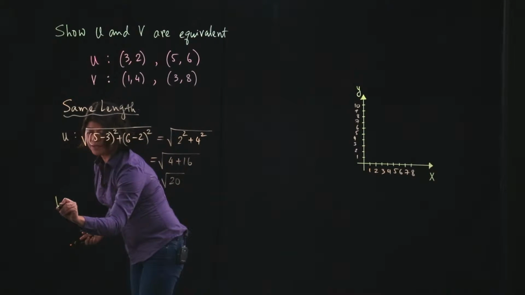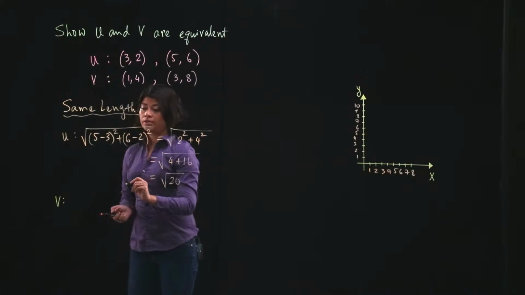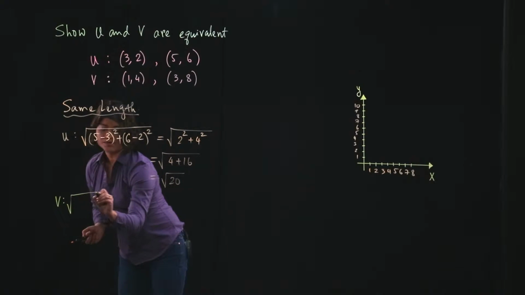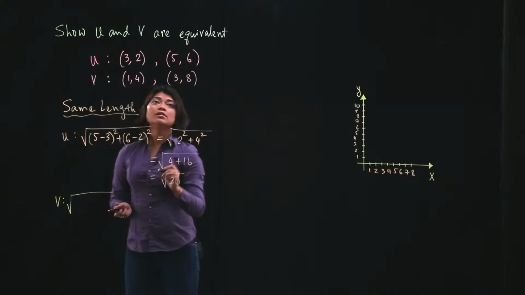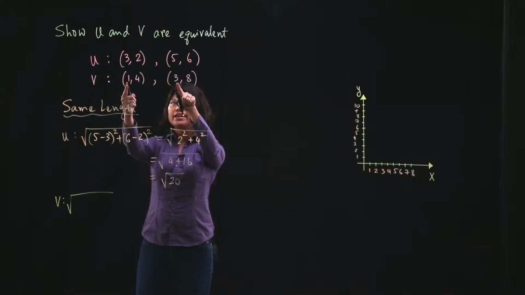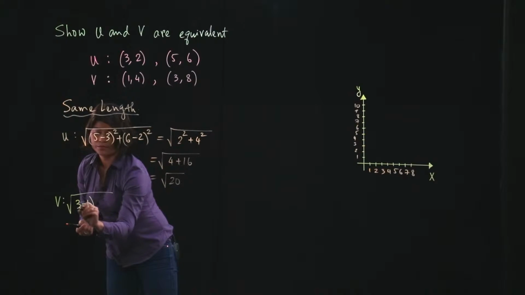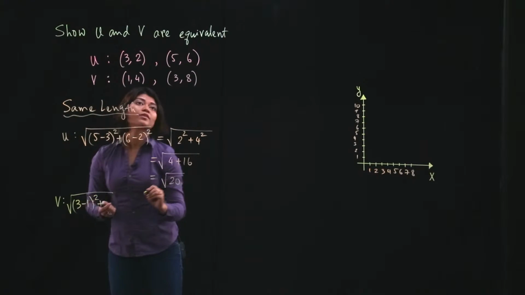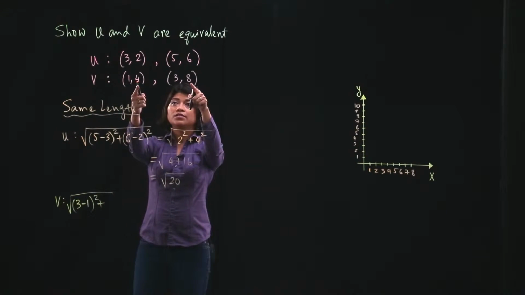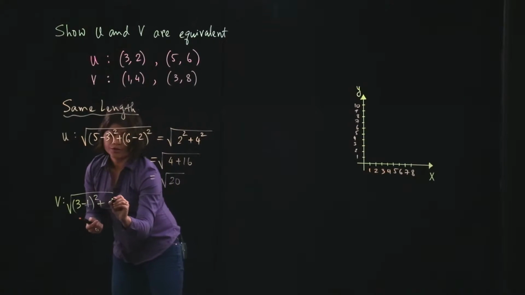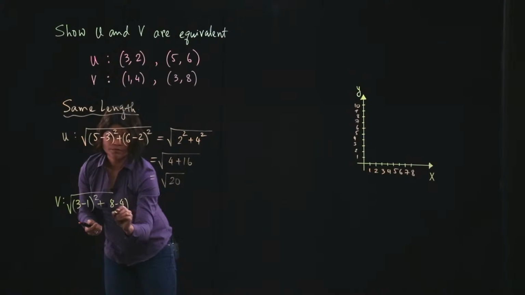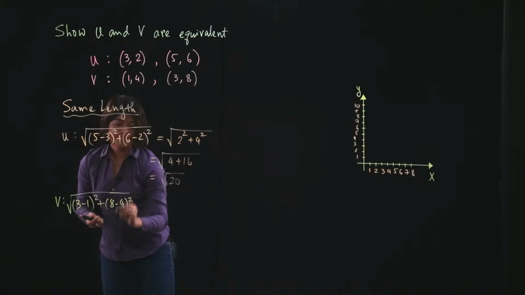Let's do the same for v. Okay, so we use distance formula again. Now look, the difference of the x values for v is 3 minus 1 squared, and then difference of the y values is 8 minus 4. Square that.